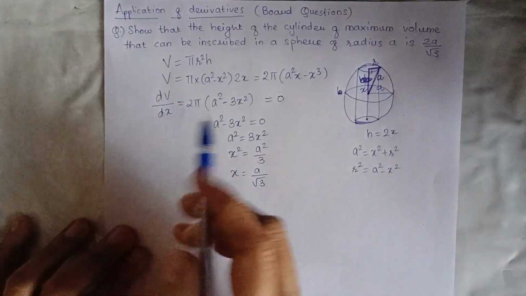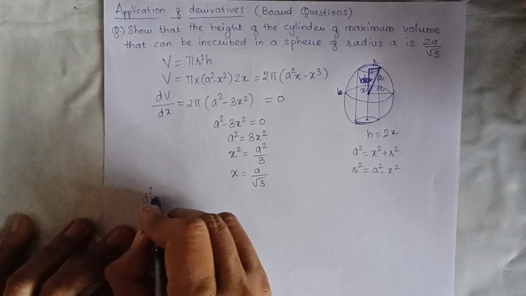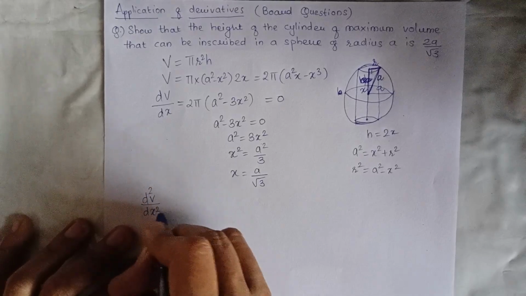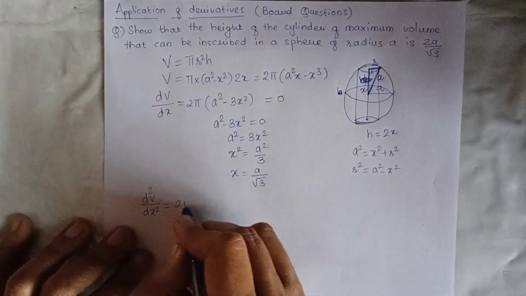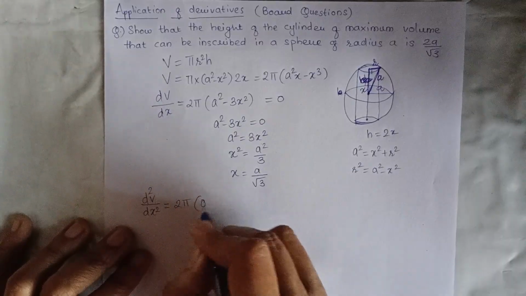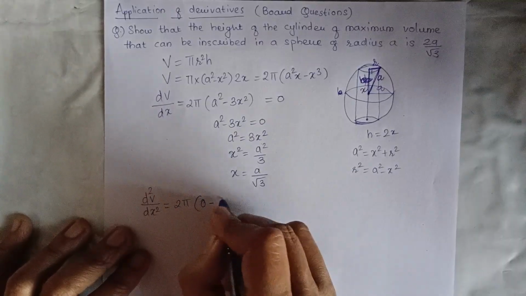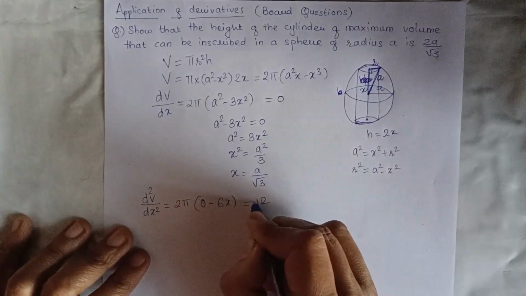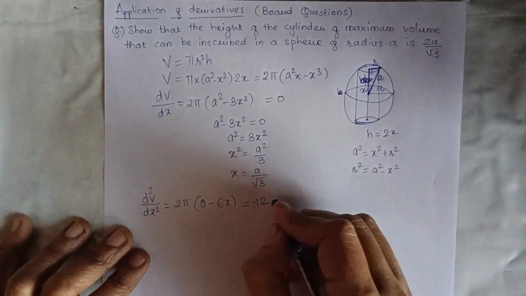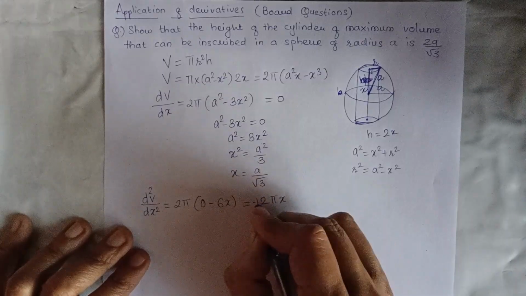Now we have to differentiate this again. So 2 pi a square becomes 0, and from 6x we get minus 12 pi x.